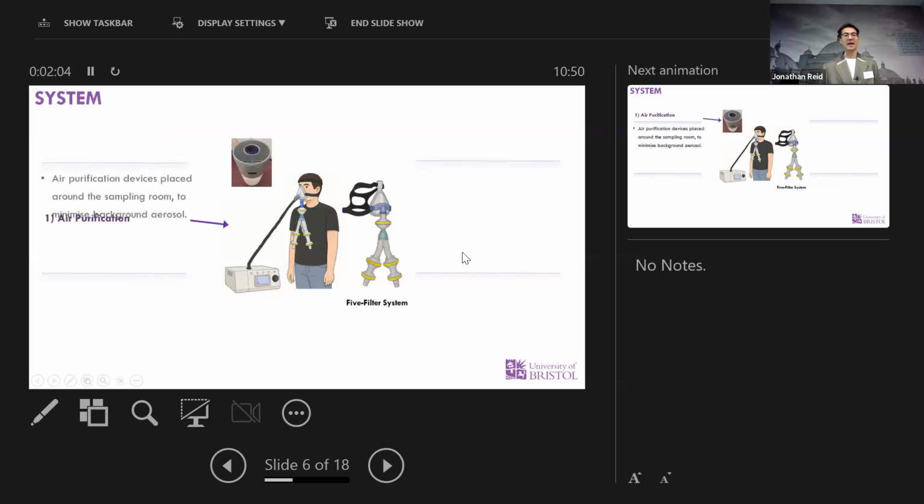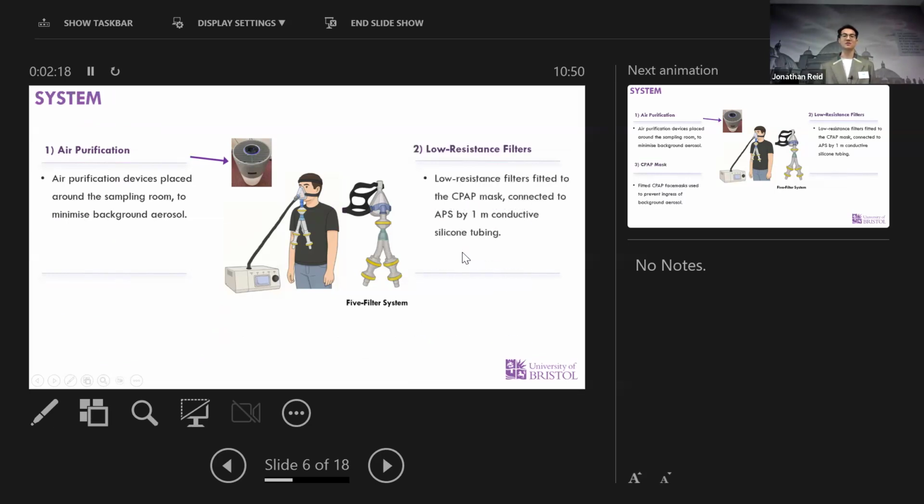To start with, the air purifications. We place different numbers of purifiers in the CDT room around the sampling people, to minimize the background aerosols. And second is the low resistance filters. The low resistance filters are fitted to the CPAP mask and connected to the APS by a 1 meter conductive silicone tubing.